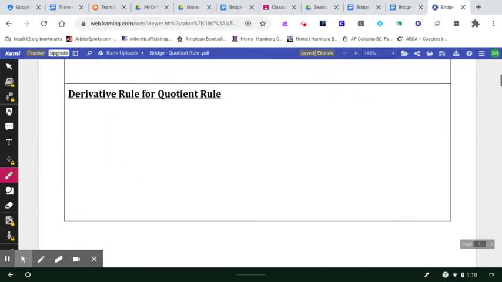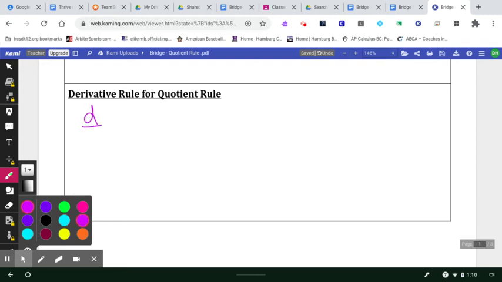So the rule for quotient rule, and the saying you're going to want to use. If I want to derive f of x divided by g of x, I'm going to give you the phrase and then we'll write it out. It's a common calculus phrase, we didn't make this up.